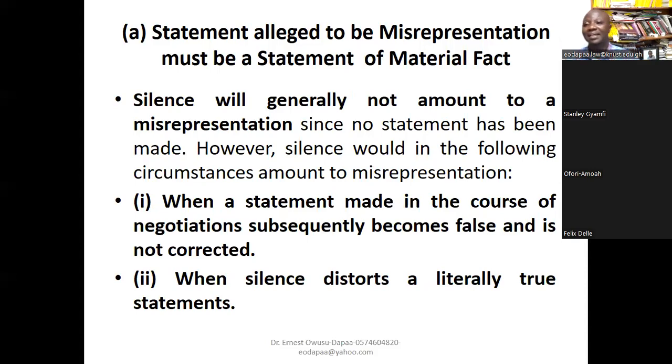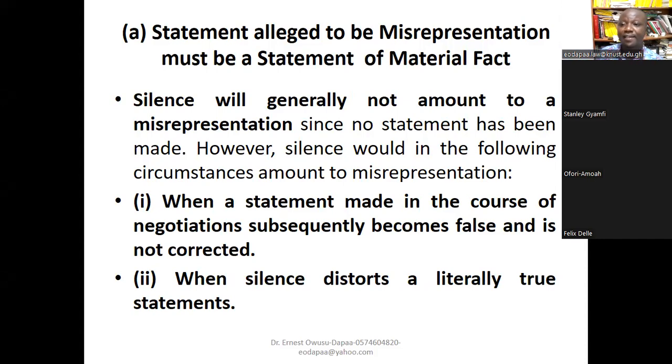Again, the requirement that the statement alleged to be misrepresentation be a statement of material fact also means that silence as a general rule will not amount to misrepresentation. Silence as a general rule will not amount to misrepresentation. And what do you mean by silence?